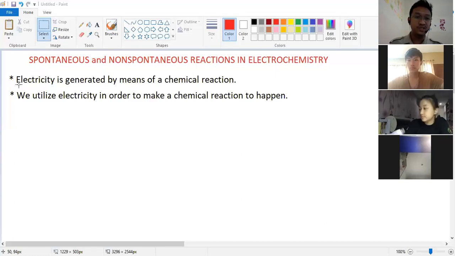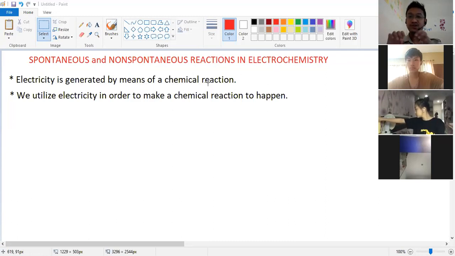One is that electricity is generated by means of a chemical reaction. This means that if there is a chemical reaction, then electricity will be generated.